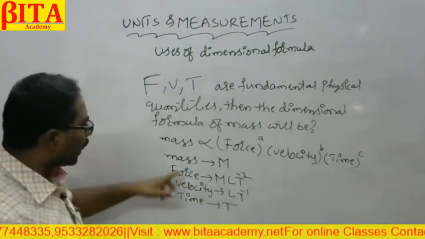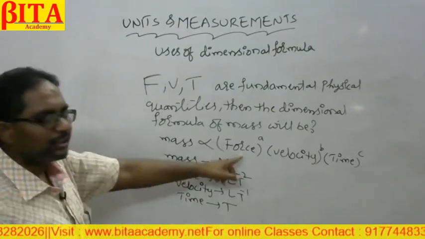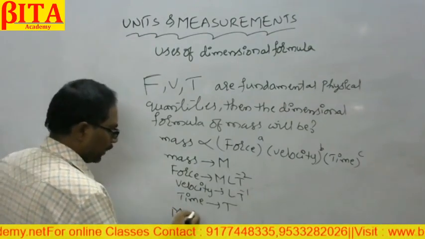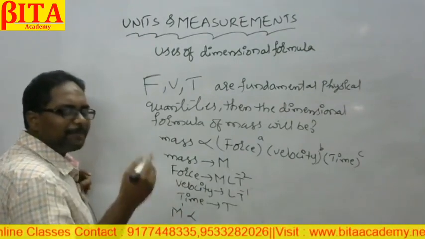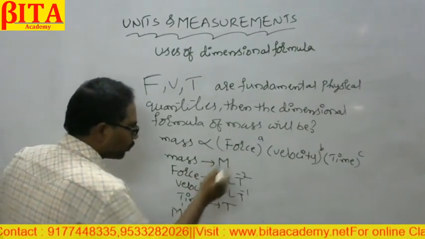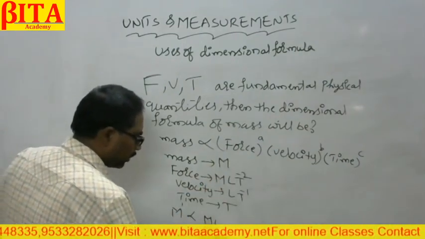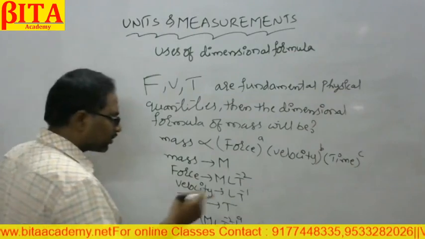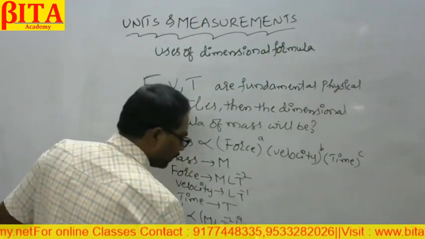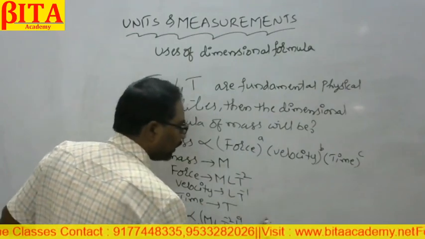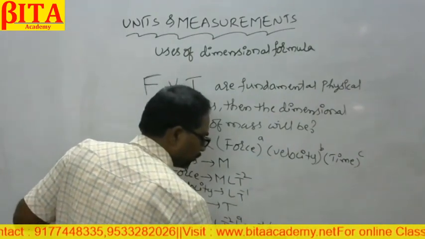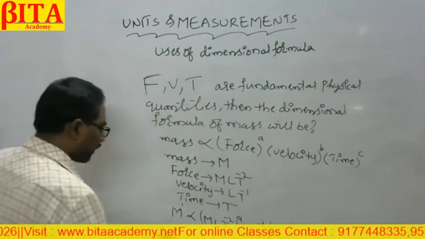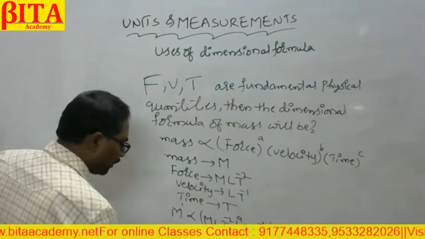Now let us substitute all the dimensional formulas into this equation, and then we can write like this. M is proportional to M power 1; nothing is there means 1 is the power. Now force to the power of a, so M L T power minus 2 to the power a. Next velocity, so L T power minus 1 to the power b. Next time, so T power c. When we remove the proportionality here, we can write one constant, so M power 1 is equal to k.